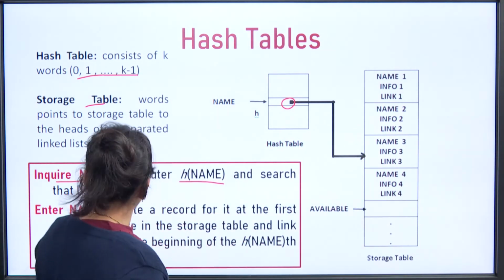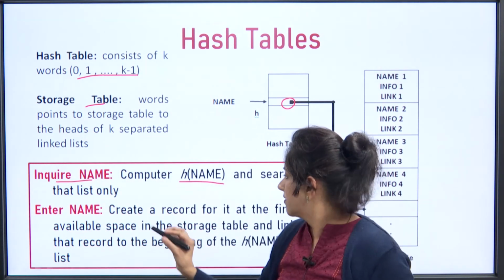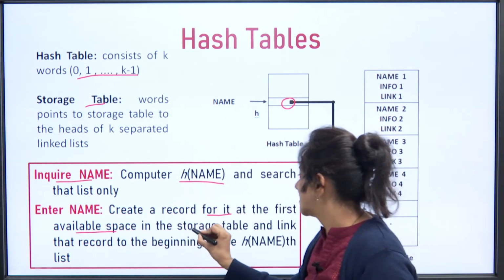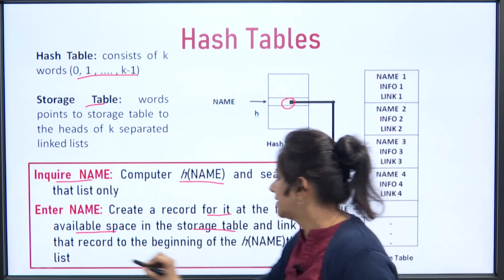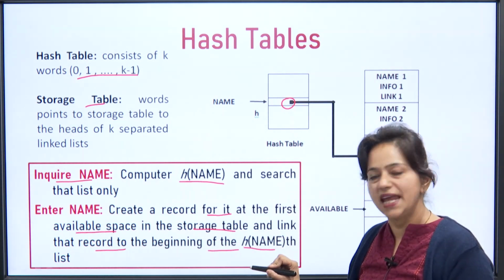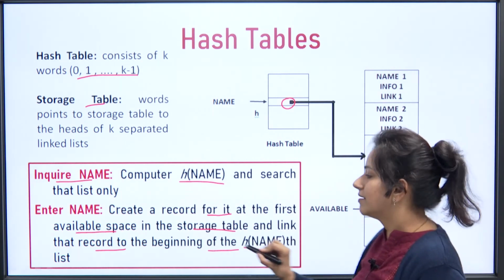And if we want to enter the name, then we will create the record for it at the first available space in the storage table and link that record to the beginning of the H of name th list.